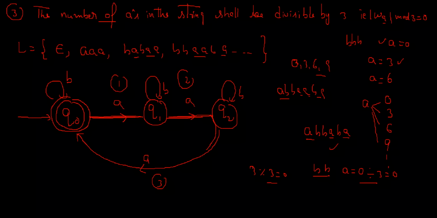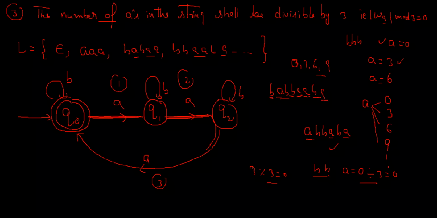Suppose I have a string. So here initially you will be on Q0 only. Next A, you are coming to Q1. Next B, you will be on Q1 only. Next B, you will be on Q1 only. Again you see another A, you go to Q2, again another A, again you are coming to the initial state Q0, and again B, you will be on the same state.